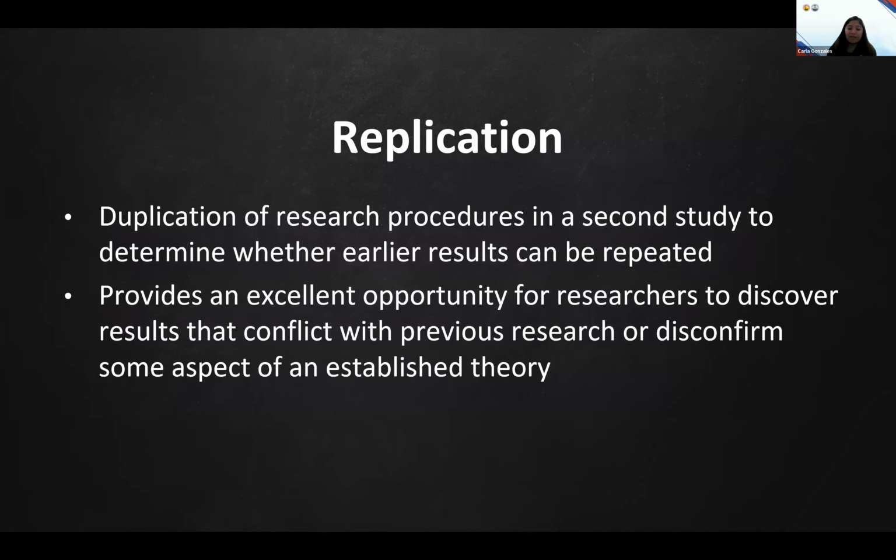But when we say replication, we could tweak some of the participants, some of the interventions, to make it our own. Okay. So for example, there are already a lot of studies about breastfeeding.